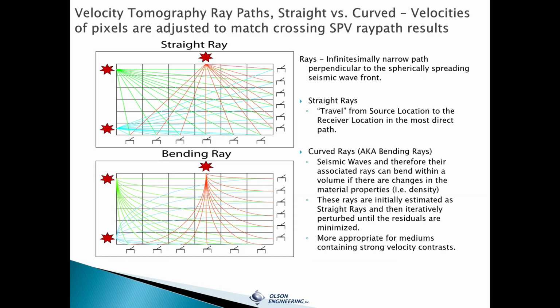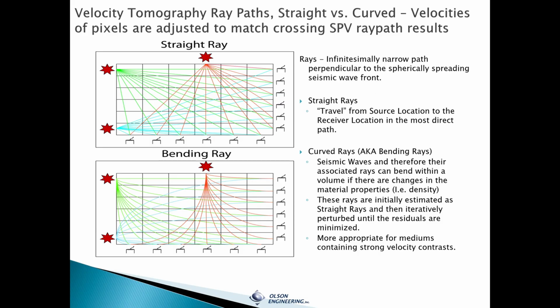So the SPV data is processed in a program called GeoTom, which assigns a pixel with a velocity value to each geometric point with a crossing ray path. There's two ways to look at the ray paths and where those intersections would be: as straight rays, which would be the most direct path between the sources and receivers, and as curved rays, which are initially processed as straight rays, then iteratively perturbed until the residuals are minimized.